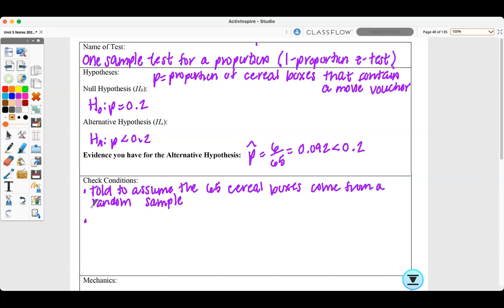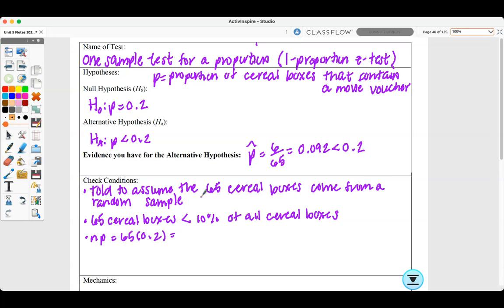And our 65 boxes is less than 10% of all cereal boxes. And n times p would equal 65 times 0.2, which is 13, and that is greater than 10.